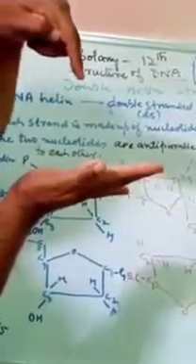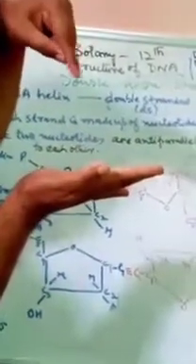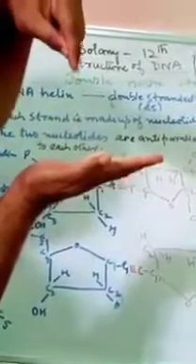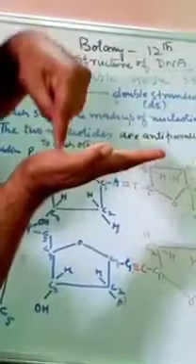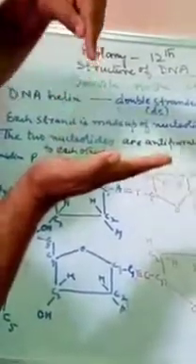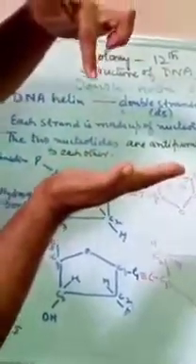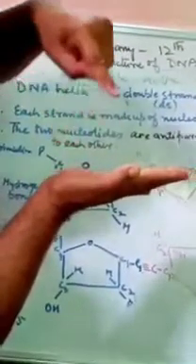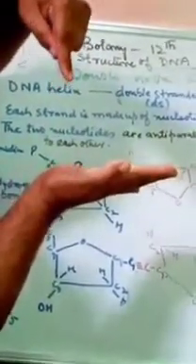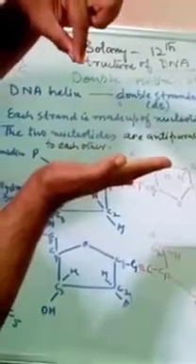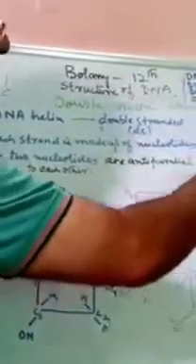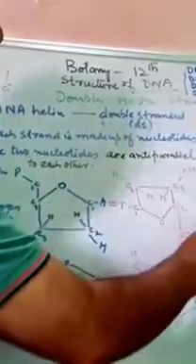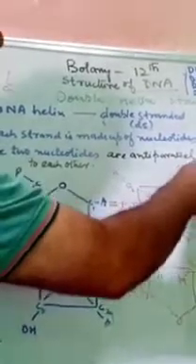Consecutive steps, the first and the second, which are in the same line, parallel to each other, form what is called one turn. The step directly above forms one turn, and one turn is equal to 34 angstrom.